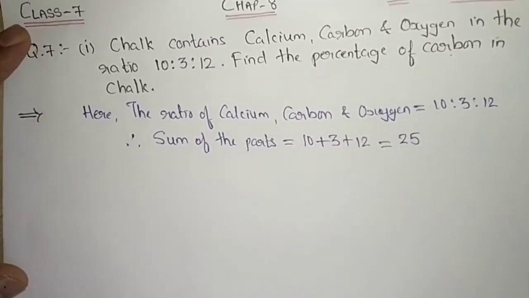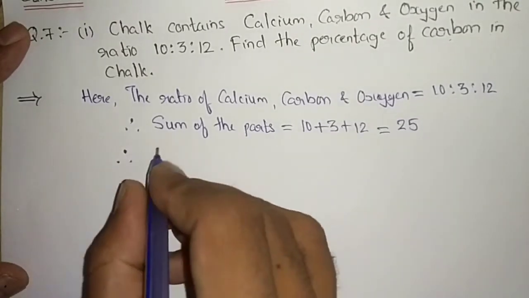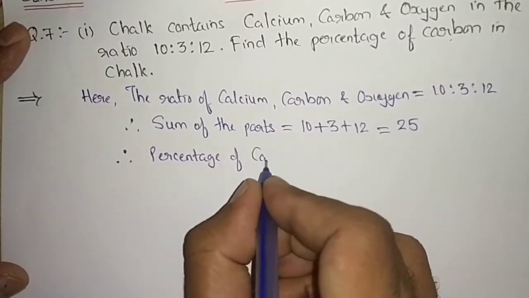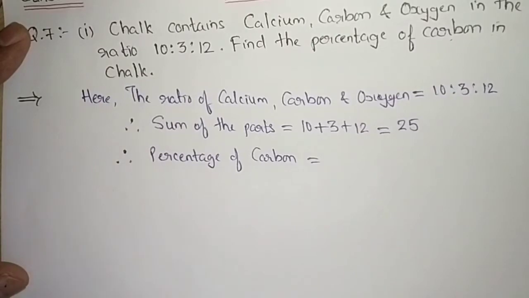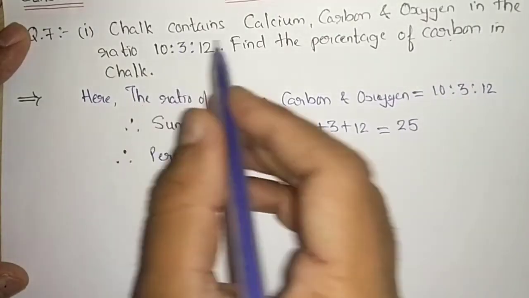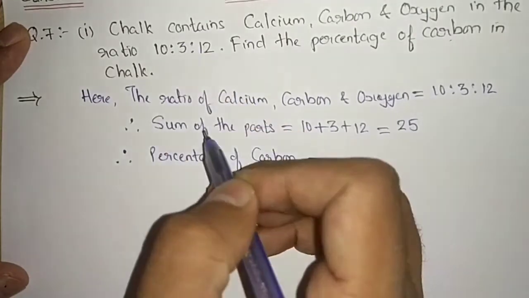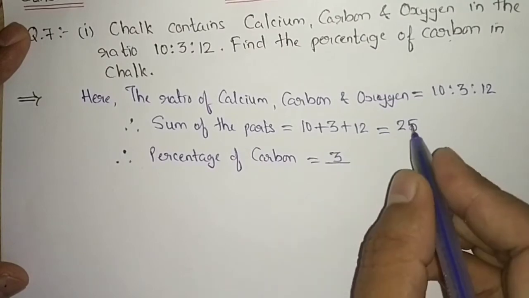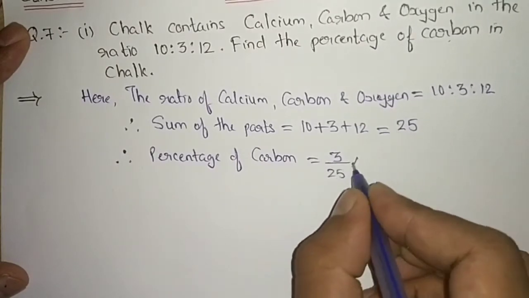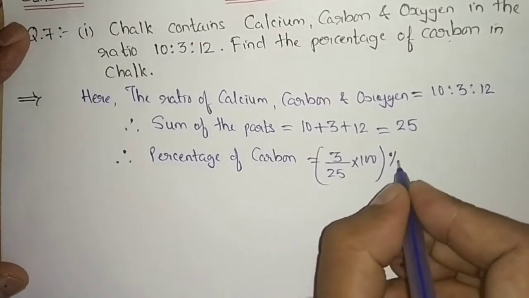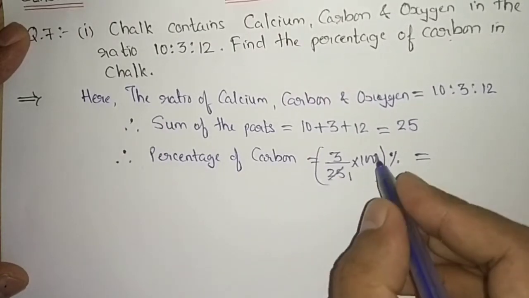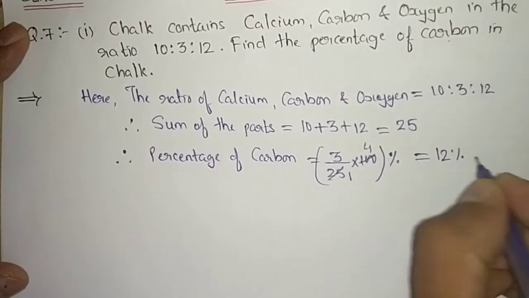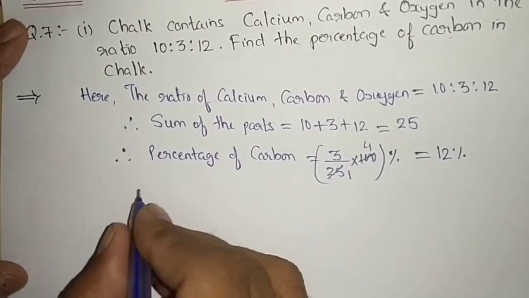Total parts are 25. Now they want us to find the percentage of carbon. What is the part of the carbon? Because it is in the middle, we will take the middle portion only. Percentage of carbon will be 3 parts out of 25 parts, multiplied by 100 and put the percentage sign. 25 ones are 25, 25 fours are 100, and 4 threes are 12, so 12%.